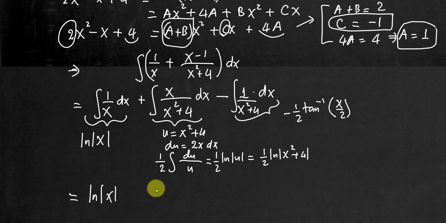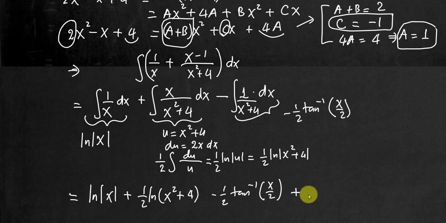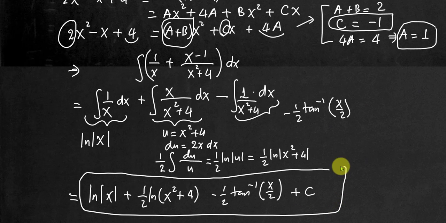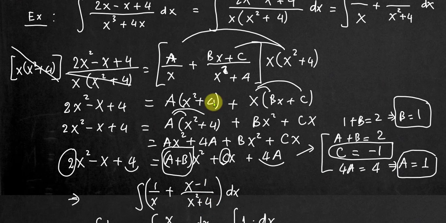The second integral, I have this expression plus 1 over 2. Now you can chop off the absolute value sign. Why? Because x squared is already a positive number, and when you add 4, you always get a positive number. So you can just chop off the absolute value sign. And then minus 1/2 inverse tangent x over 2, and then don't forget to add c at the end. And that is the complete solution to this rational function.